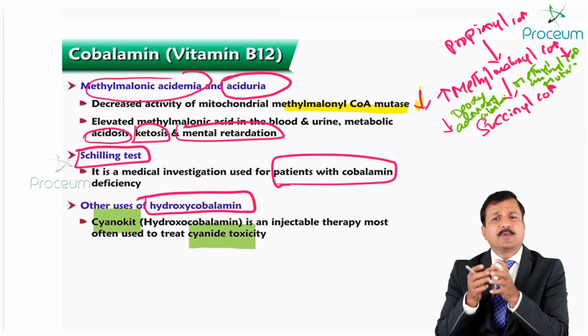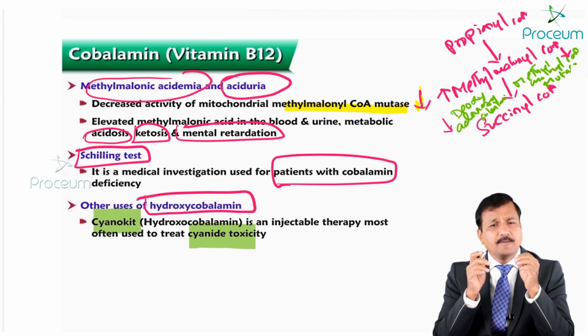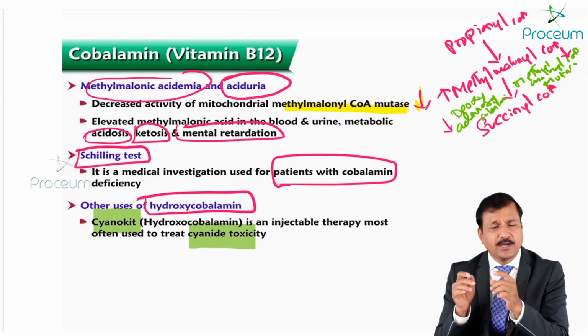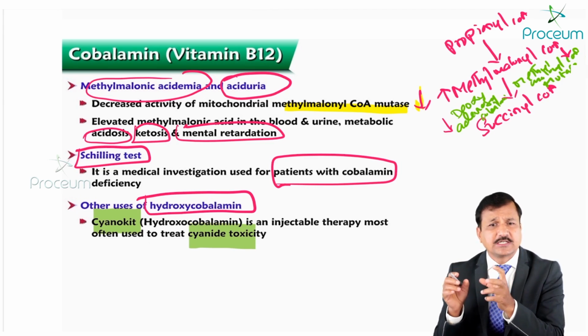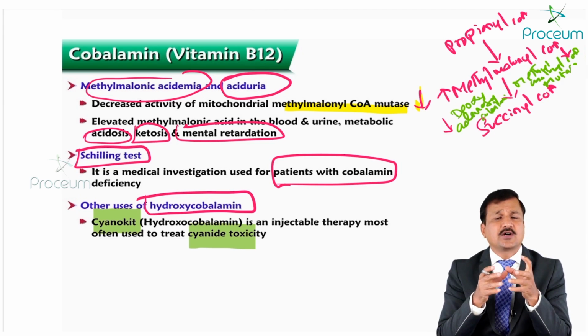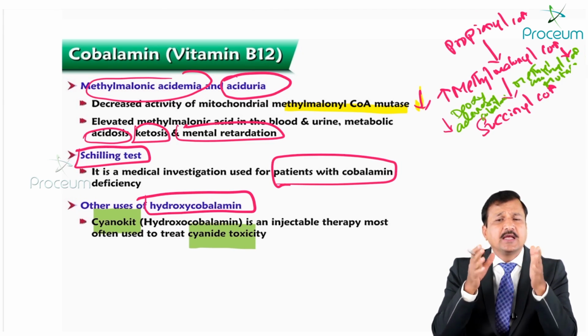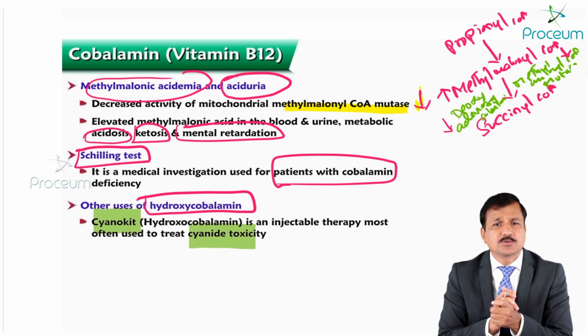bound with cyanide. Because cyanide has affinity for the electron transport chain complex called cytochrome C oxidase, and if this cytochrome C oxidase binds with cyanide, it's totally inhibiting the electron transport chain.